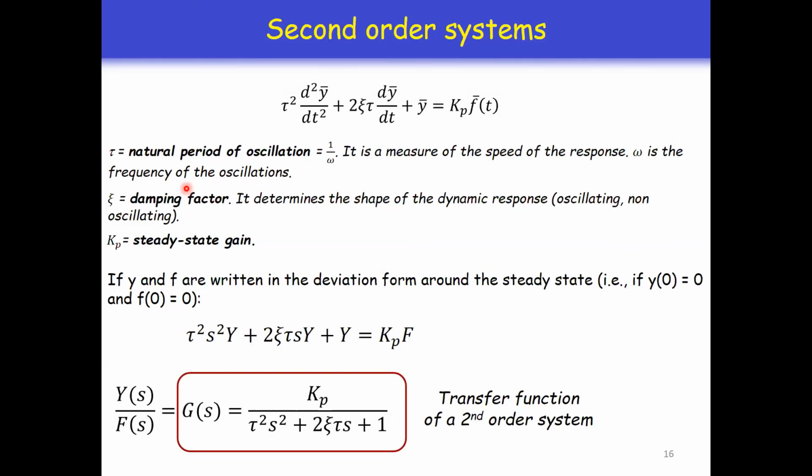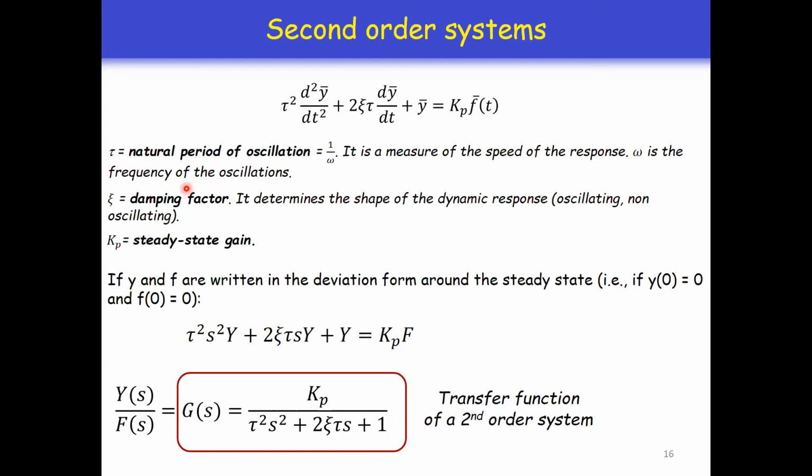Basically it measures the time that the system takes to get adjusted to the disturbance. Kp is the steady state gain, and it has exactly the same meaning that I explained last time, so I won't explain that again. Xi is a new parameter that we didn't see in the first order system.